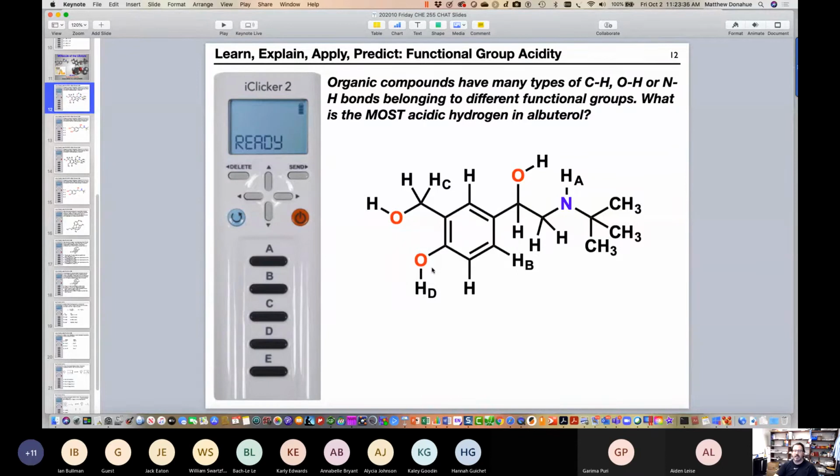Why would HD, this one, be more acidic than this one, do you think? If instead of having HC bonded to carbon, you have OH and then OH, what differentiates those two alcohol functional groups?